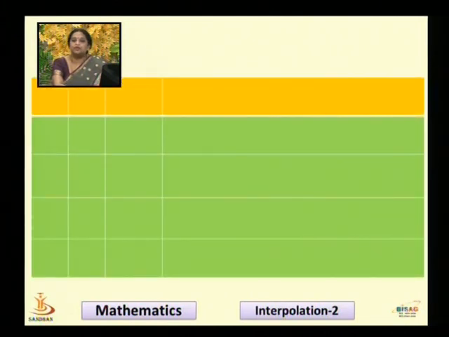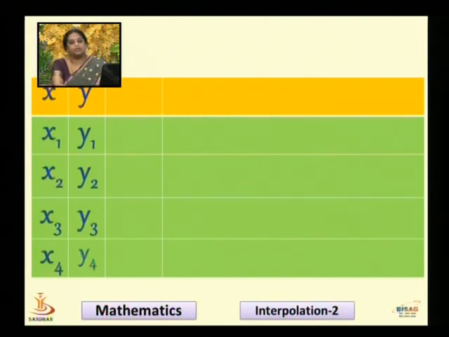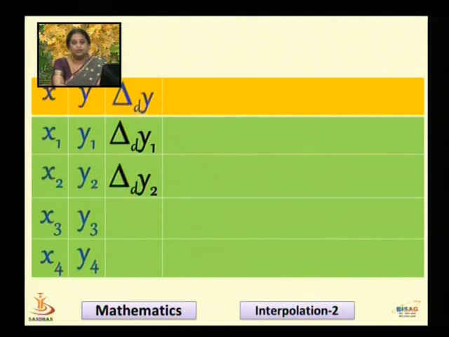Let us now have a look at its tabular representation. As we know, x and y are given to us, so the corresponding values can be put in the table, and we had just a little while ago computed the first order divided differences as delta D y1, delta D y2, delta D y3. We shall now compute the second order divided difference, that is delta D square y.